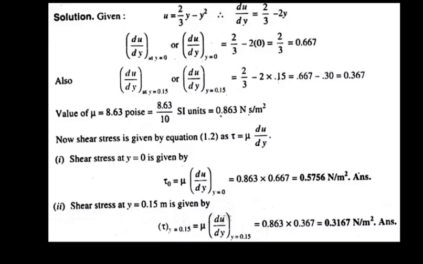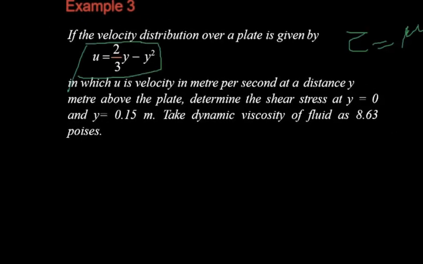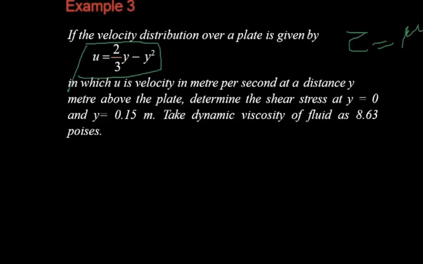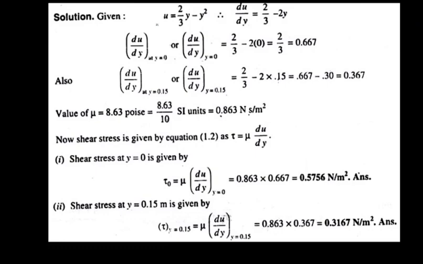I'll show you. See here. So u is given, that is u is equal to 2 by 3y minus y square. Whenever we differentiate it, we will get 2 by 3 minus 2y.